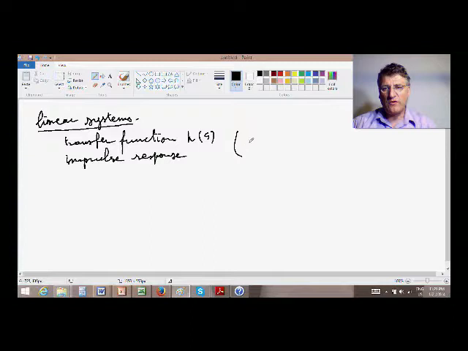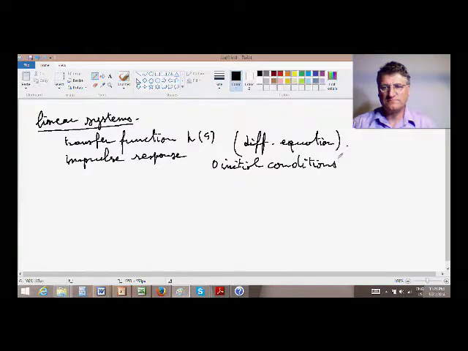And of course, remember, we also have seen the differential equation. If we assume zero initial conditions, it is equivalent to know the transfer function, the differential equation, or the impulse response, where the impulse response is h of t. So this thing and that thing are equivalent.